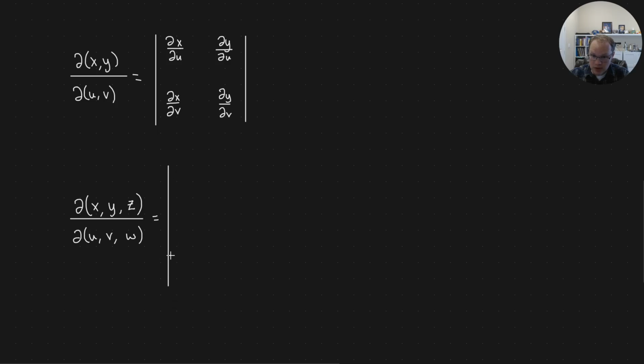Okay, we want the determinant of the partial derivatives of our old variables with respect to our new variables, which means we need to find a relationship between our old variables and our new variables. So when we make a change of variables for a triple integral, we will need a 3x3 determinant. Our Jacobian determinant is a 3x3 determinant.